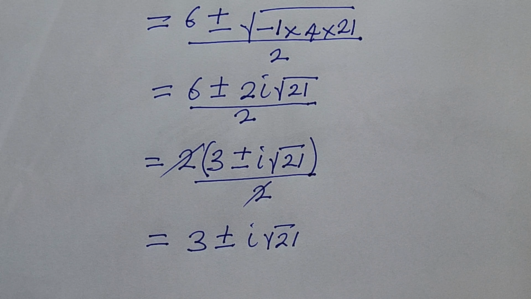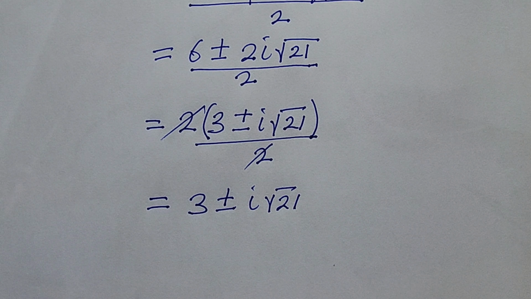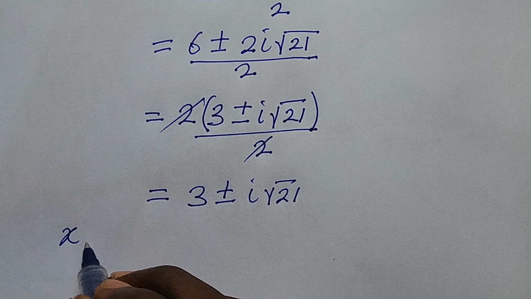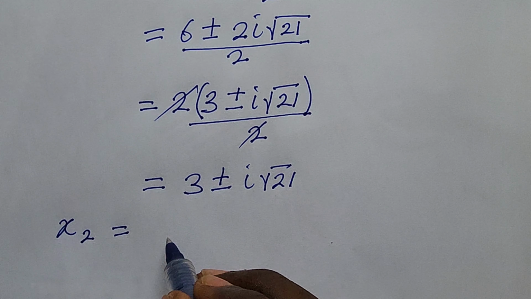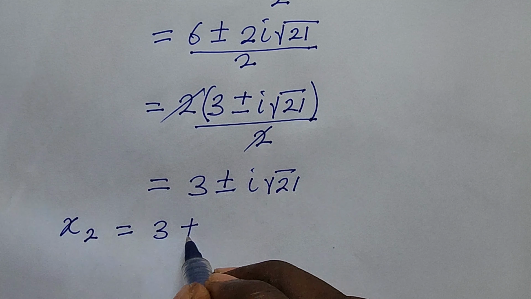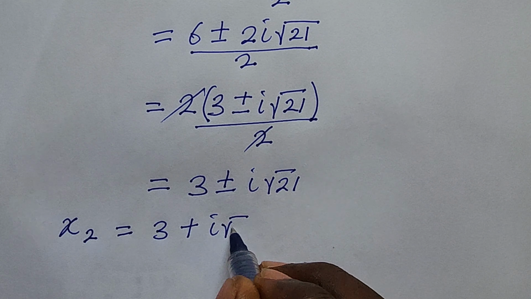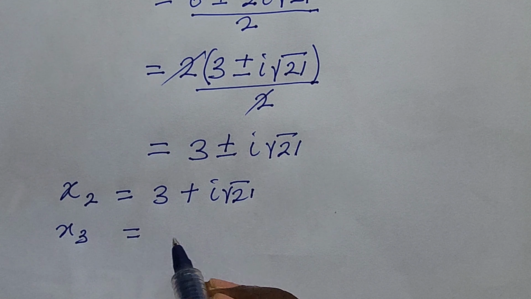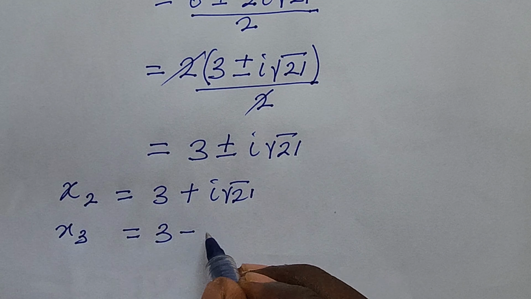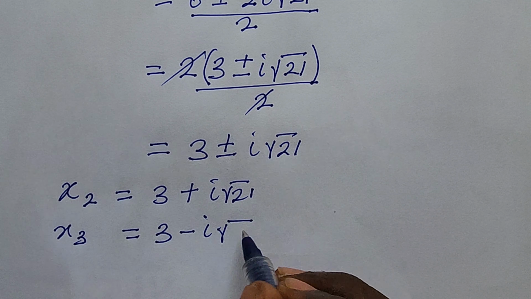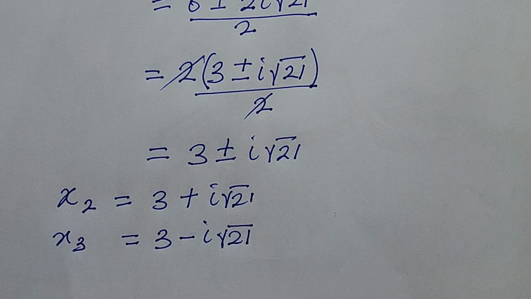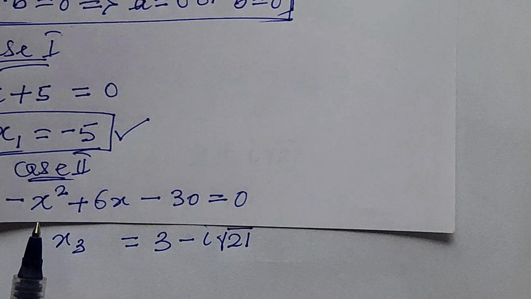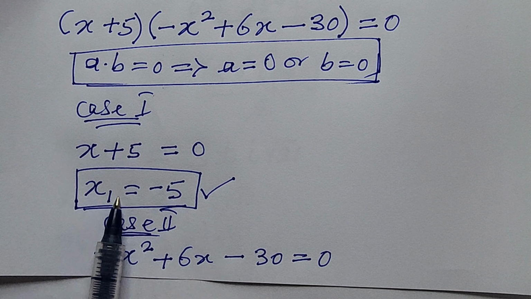So here we have two roots to this part of it. x2 is equal to 3 plus i root 21, and x3 is equal to 3 minus i root 21. Remember, we solved for x1 already, which is minus 5.